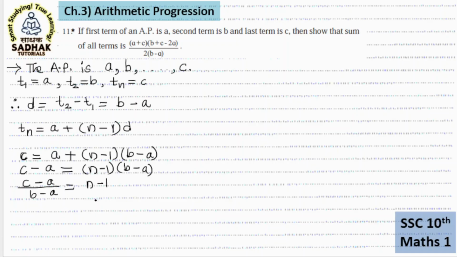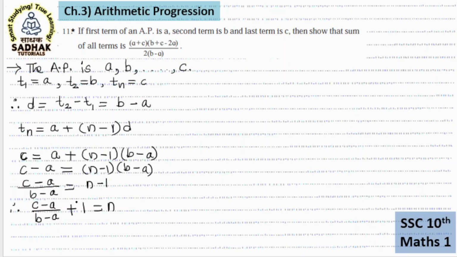Now let us put this minus 1 also on the left hand side. Therefore C minus A upon B minus A, and the minus 1 will come to this side and become plus 1, is equal to n. Fine.